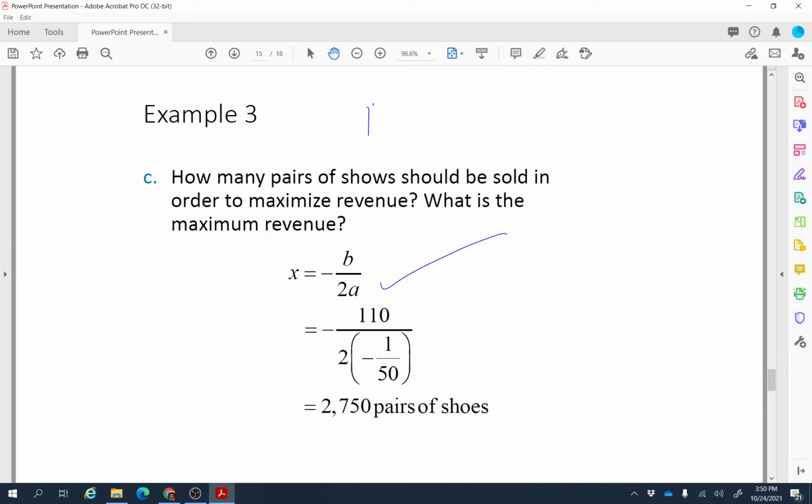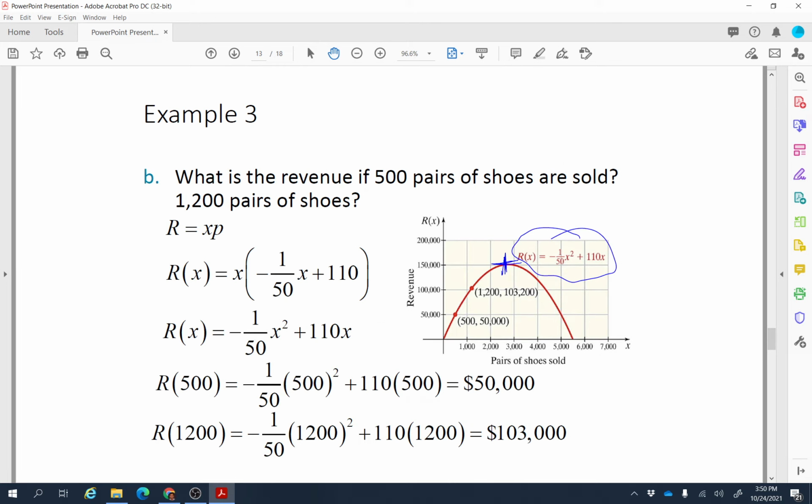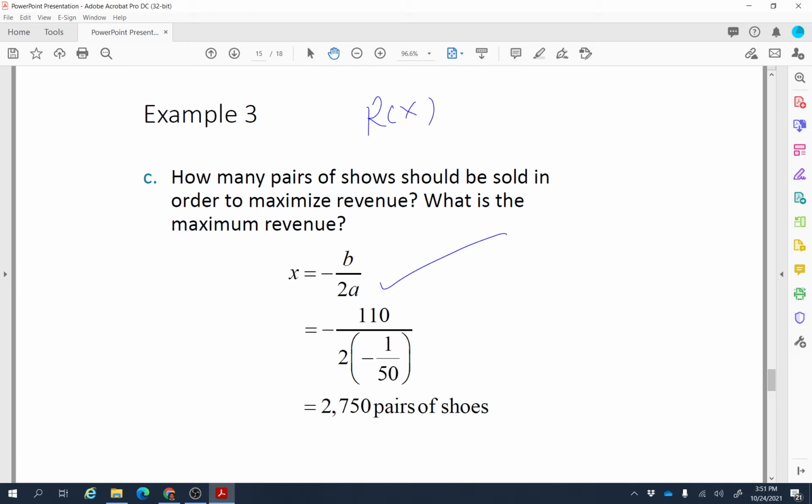In our revenue function, if you go back here, the revenue function is negative 1 over 50 x squared plus 110x. So b is 110, a is negative 1 over 50, and c is 0. By using that, we can find the x coordinate of the vertex, which is 2750 pairs.